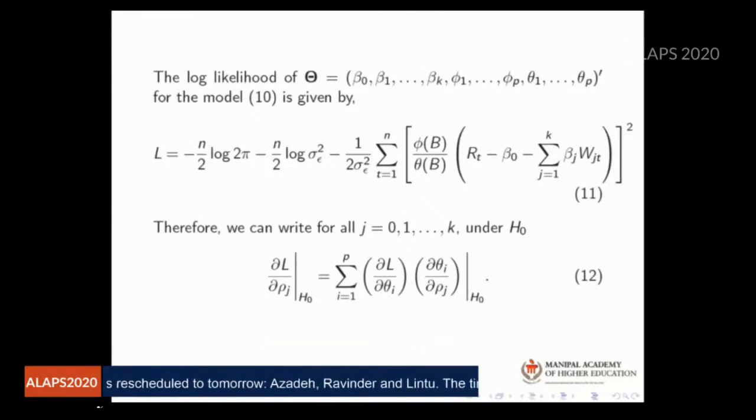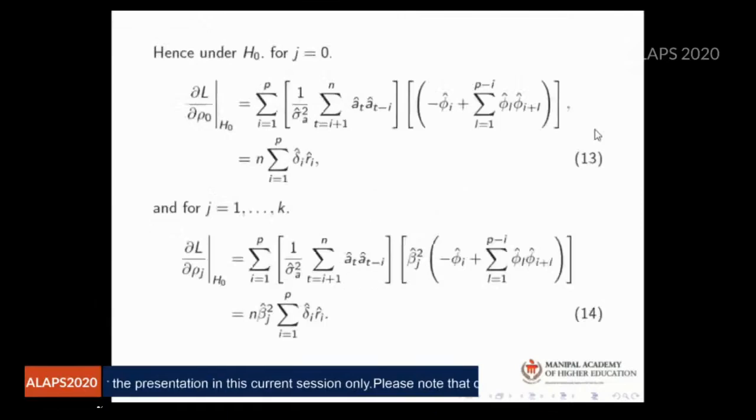So we first differentiate the log likelihood with respect to theta i's, and then we multiply it with the differentiation of theta i with respect to the rho j's under H0. It's given in equation number 12. So hence under H0, del L by del rho naught under H0 is given in equation number 13, and for all j equals 1 to k, del L by del rho j under H0 is given in equation number 14.